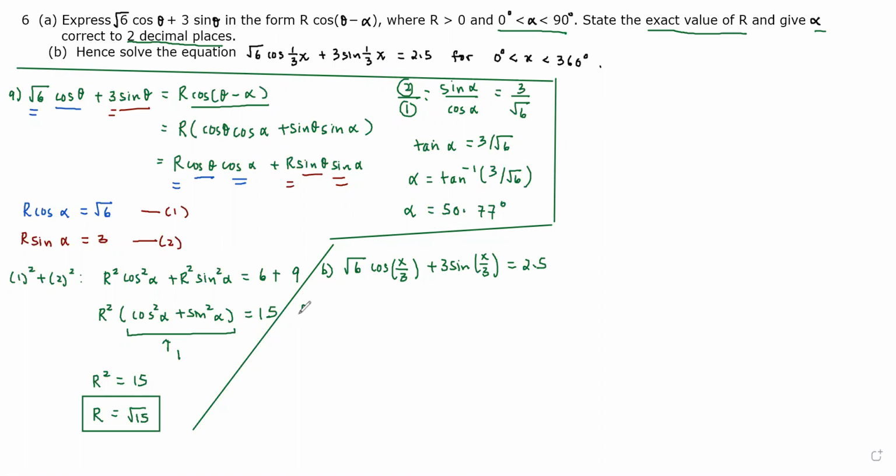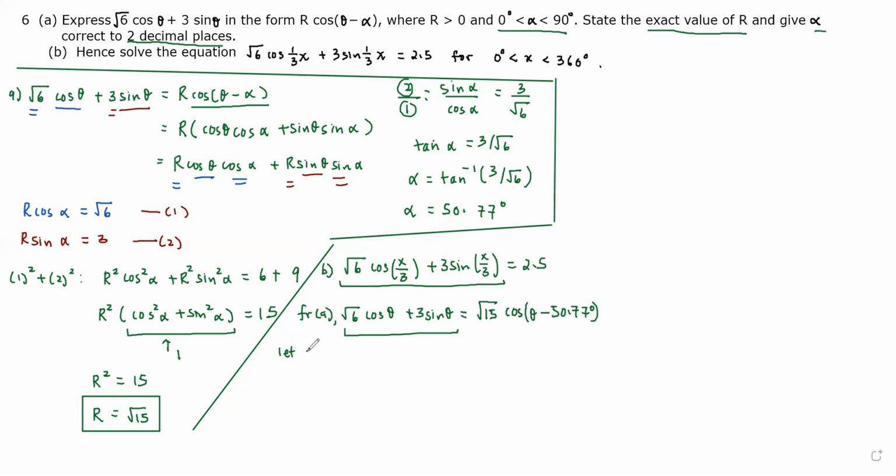From part A, we know that square root 6 cos theta plus 3 sine theta can be written in the auxiliary angle form, where r is square root of 15, and we have cos of theta minus alpha, which is 50.77 degrees. Compare the left side here to this left side. They are exactly the same, with theta being replaced with x over 3.